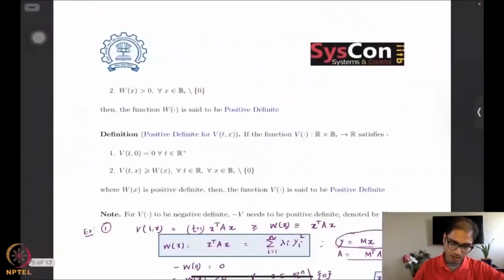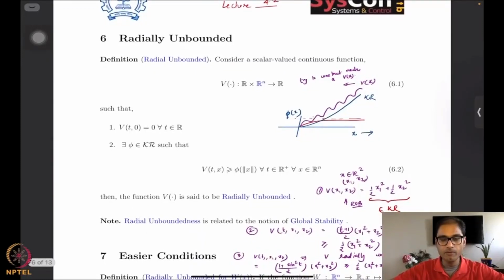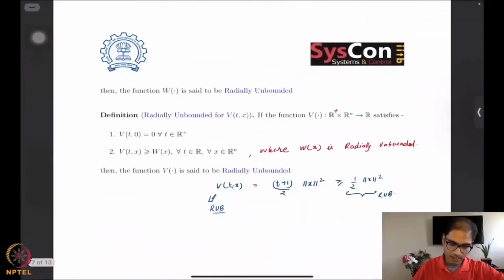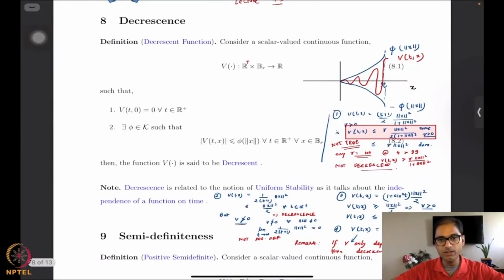Then we looked at the notion of radial unboundedness, which is going to help us conclude global stability. And finally, in the last lecture, we looked at the properties of decrescence.